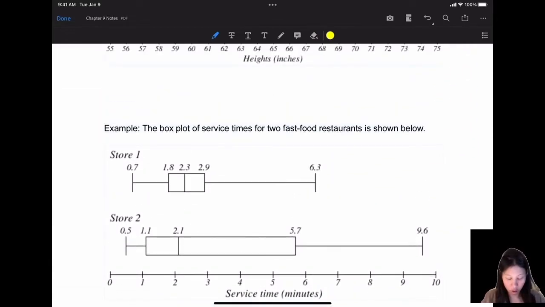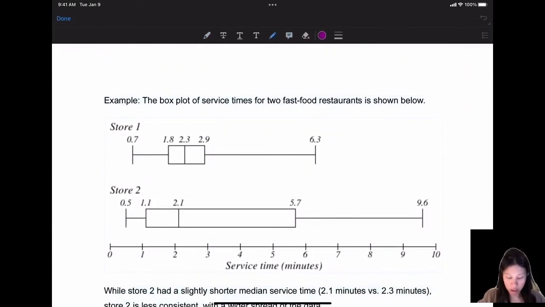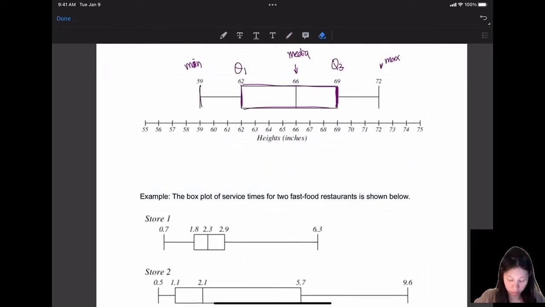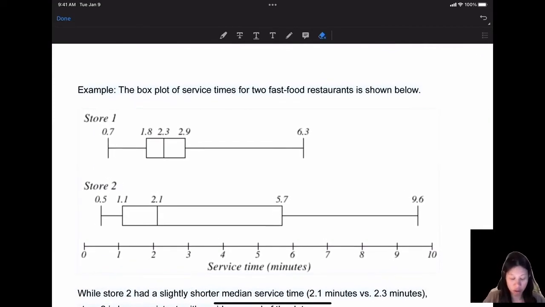Okay, so now here is an example. The box plots of service time for 2 fast food restaurants are shown below, store 1 and store 2. The first graph is store 1, the second graph is store 2.